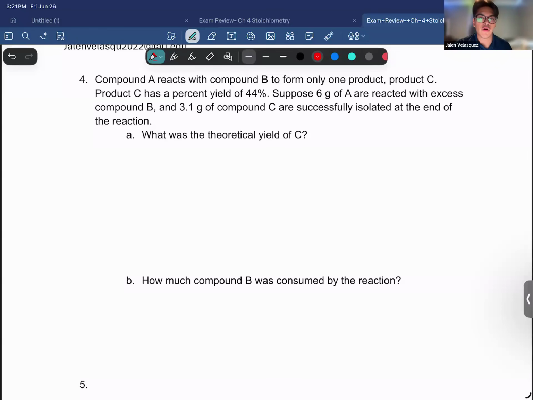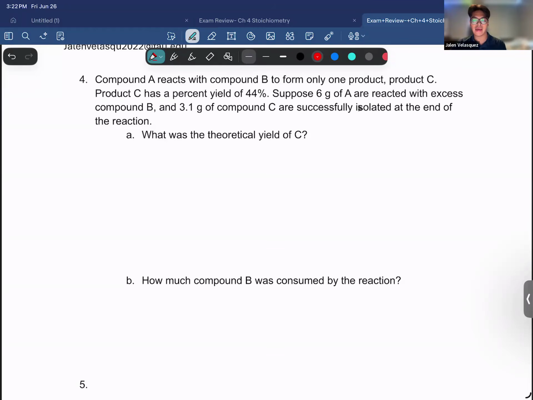All right, how are we doing so far on number 4? I guess we could start to go through it. So this one says that compound A reacts with compound B to form only one product, which is product C. Product C has a percent yield of 44%.